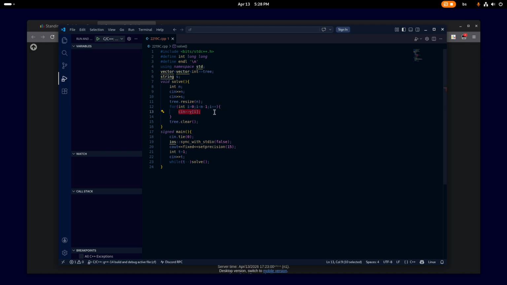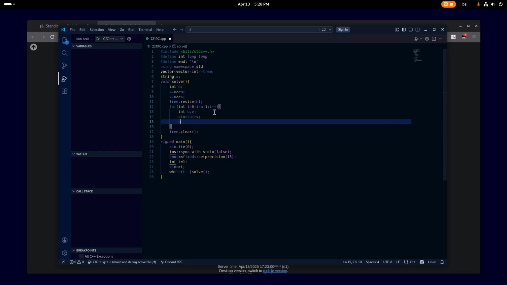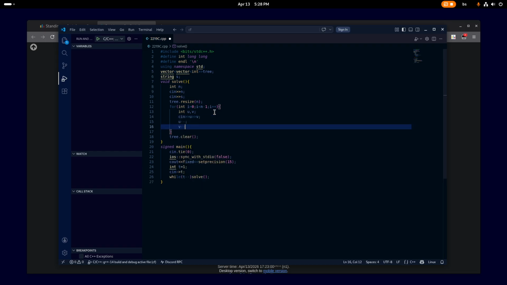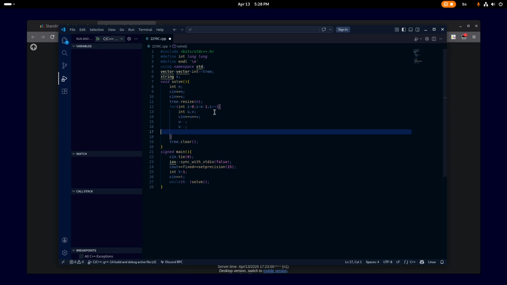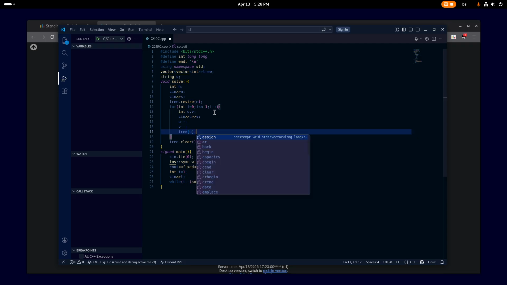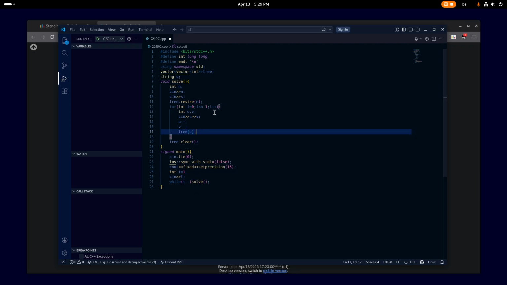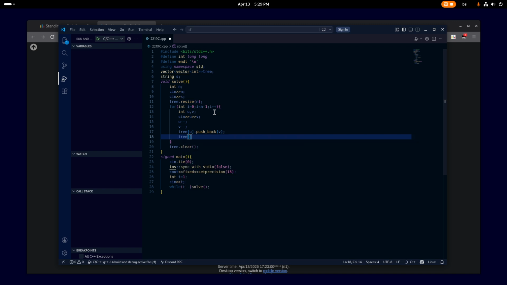Here, there's UV, scene, UV. Because I like to be zero indexed. Now 3 U pushback V, 3 V pushback U.